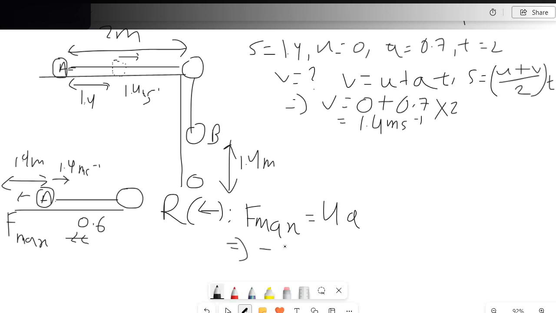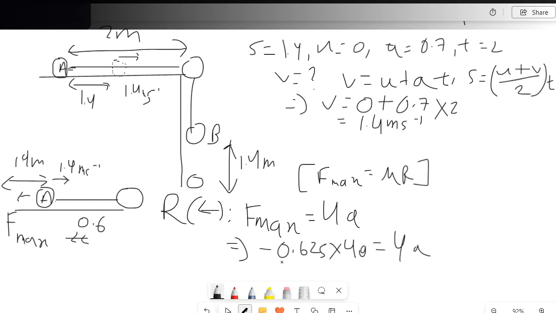Mu was 0.625 multiplied with R, because we know F max is equal to mu R. Using that formula, R is 4g, so 4g times mu equals 4a. Therefore a is equal to minus 0.625 multiplied with g, which is also minus 49 by 8 meters per second squared.